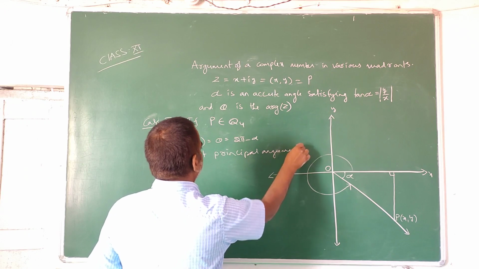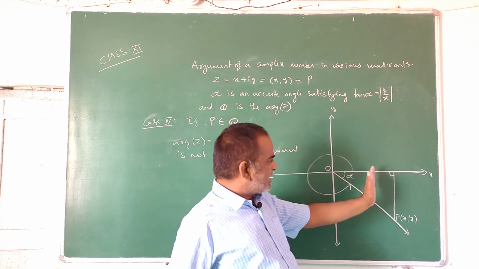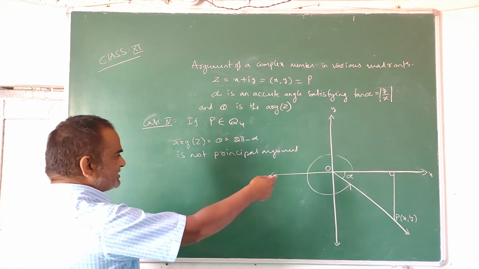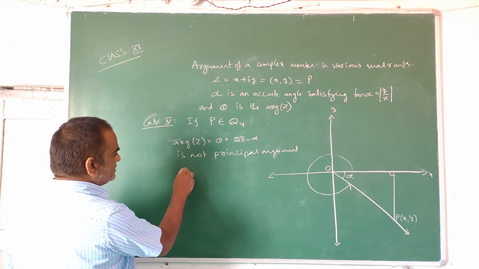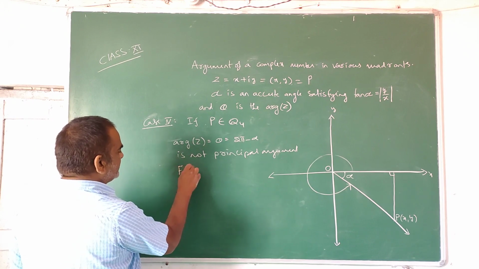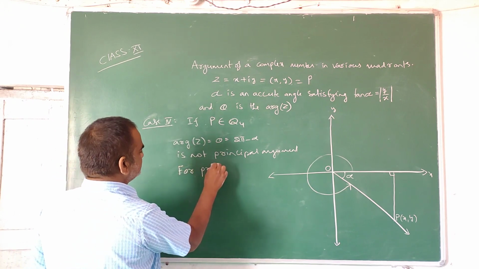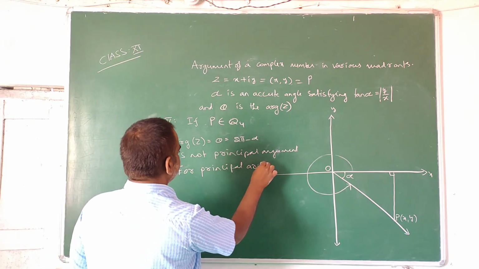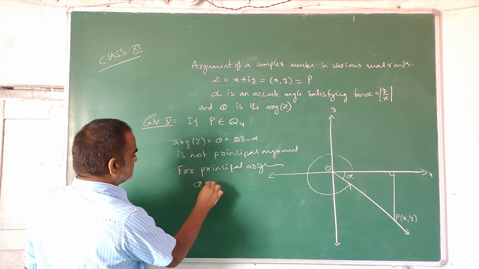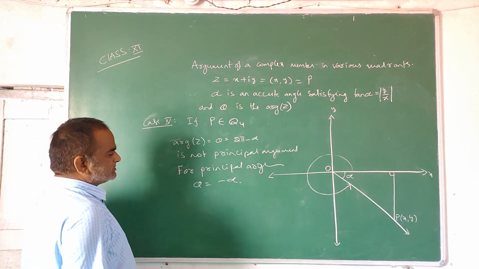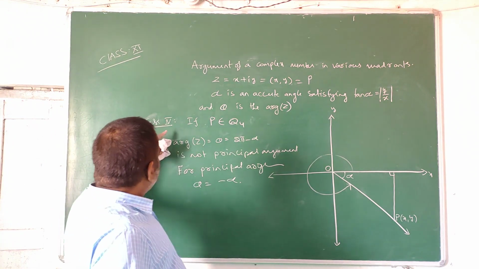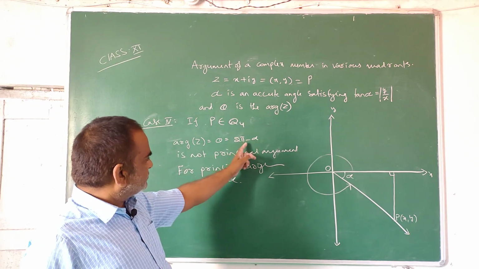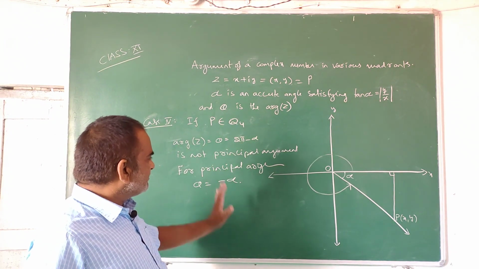So to get the principal argument, you have to see the angle in the negative direction. The angle in the negative direction would be minus alpha. So for the principal argument, you have to take theta equal to minus alpha. If point P lies in the fourth quadrant, our argument is 2 pi minus alpha or minus alpha.